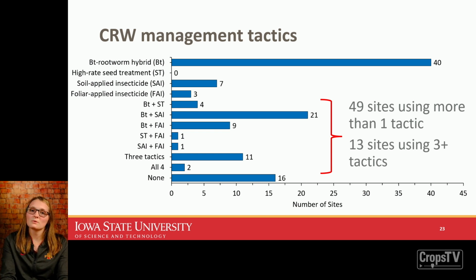So it's just not something that we typically recommend, and it's good information to know that about half the sites in our network were using more than one of those management tactics. There were 16 sites that said that they were not using any management tactic for corn rootworm.